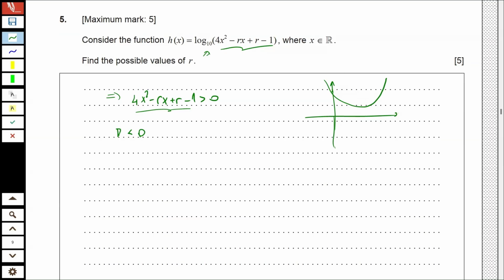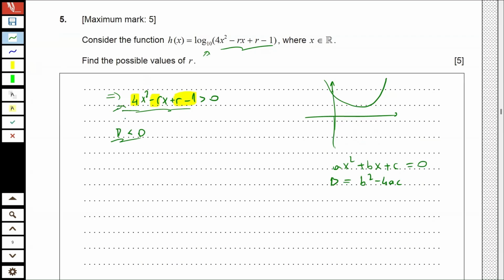For this, we choose discriminant less than 0. So what is the discriminant? We will use the coefficients here. For example, ax squared plus b times x plus c. If there is an equation like this, the discriminant equals b squared minus 4 times a times c.